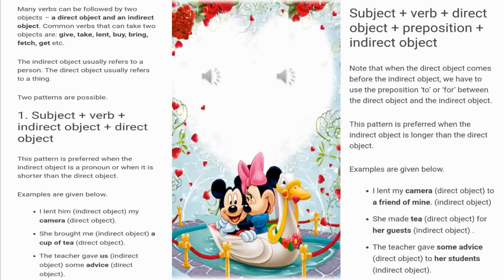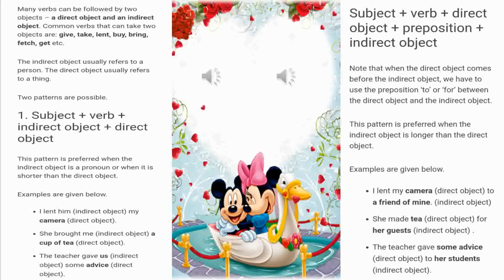They are give, take, lend, buy, bring, fetch, get, and so on. The indirect object usually refers to a person. Note it down. The indirect object usually refers to a person and the direct object usually refers to a thing.